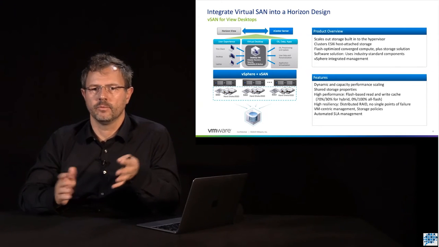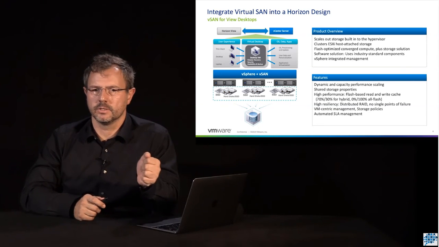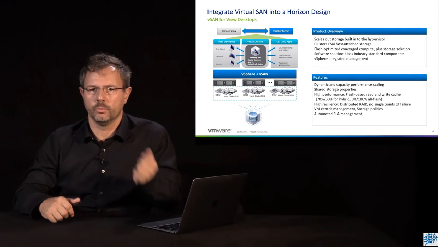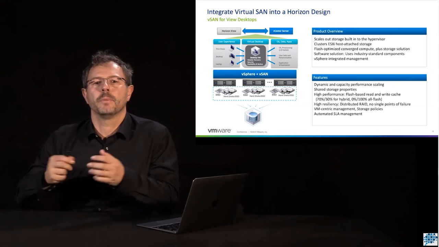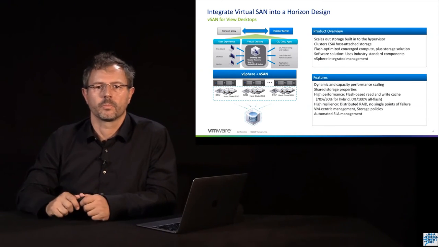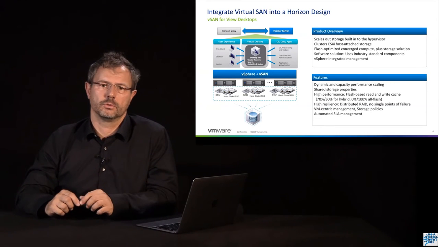So you see, again, we are back to hybrid, where we have an SSD as the performance device and magnetic disks as the capacity devices, or all flash, where the performance device is an SSD. It should be a really fast one. And on the capacity devices, you also have SSDs. In one host, there can be up to 5 disk groups.